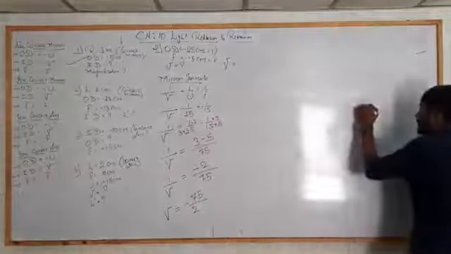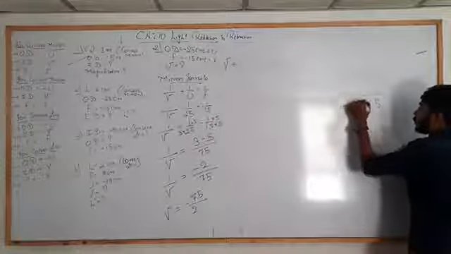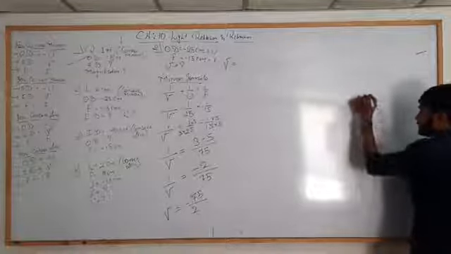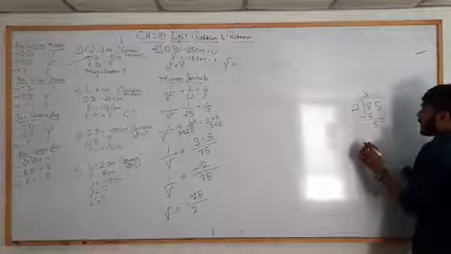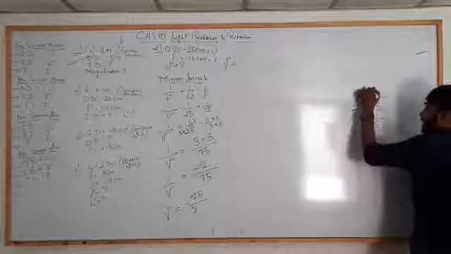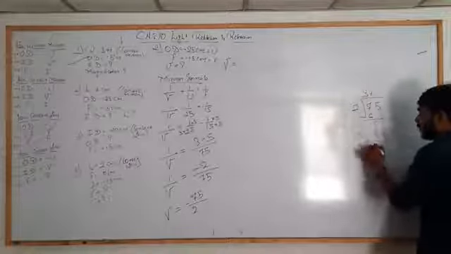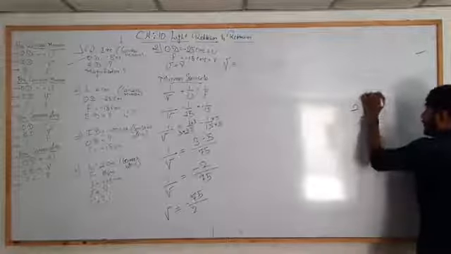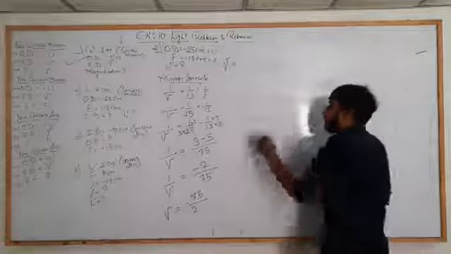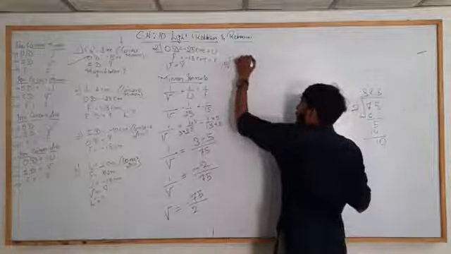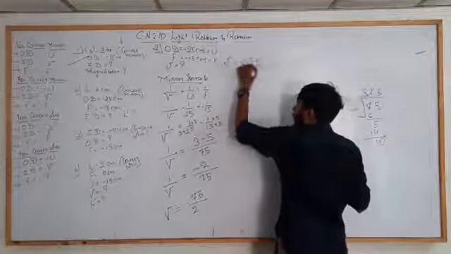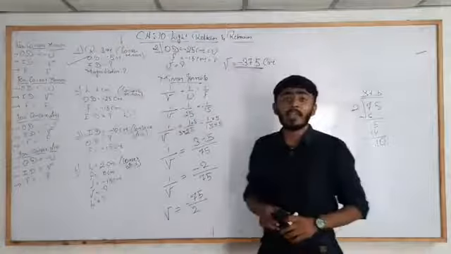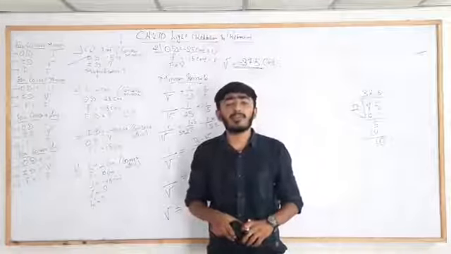So 75 divided by 2: 2 3s are 6, 15; then 7, 14, keeping a point, 1, 0, and that is 37.5. So the answer is minus 37.5 centimeter, that is your final answer. So the image distance is minus 37.5.